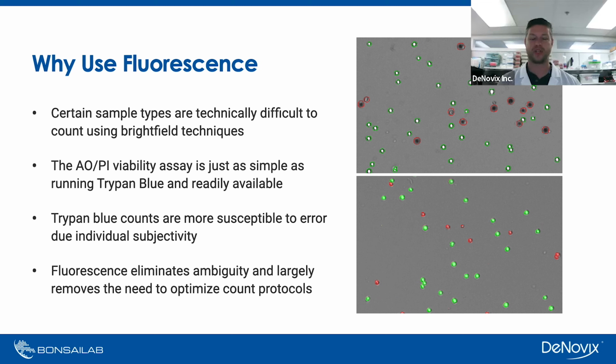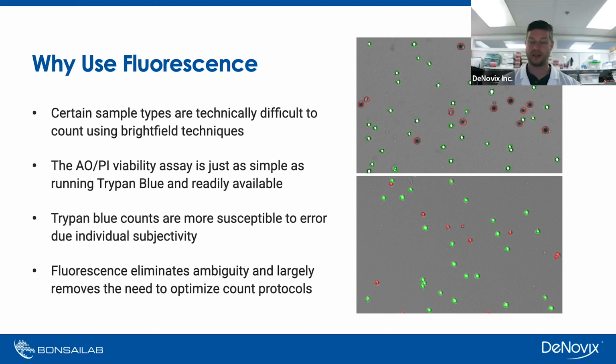And that involves a human loading cells stained with Trypan Blue and looking at it and making judgment calls about what's a live cell and what's a dead cell. With AOPI, you just don't have that. It's very clear to the cell counter what is a bright green fluorescing cell and what is a bright red fluorescing cell.